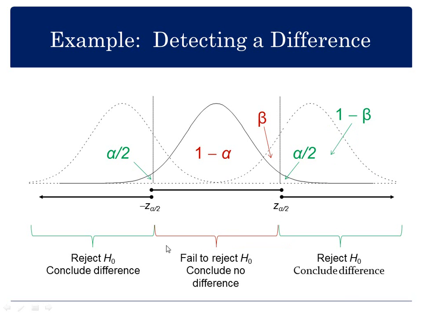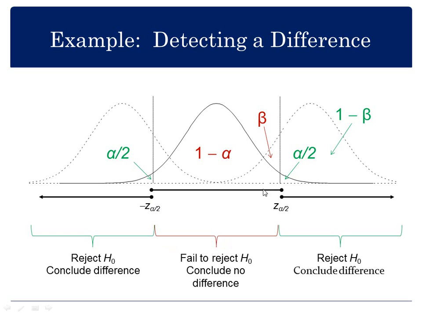So there's different regions down here. If I get a value anywhere in this region from my data, so let's say, for instance, it's from -1 to +1, then I'm going to say that that evidence could have come from a reality where the two means are the same. I don't have enough evidence to say that it doesn't.